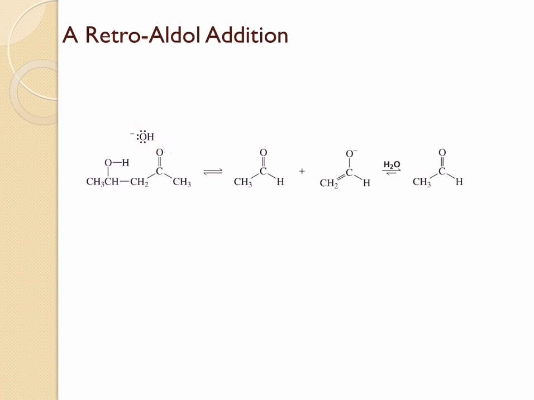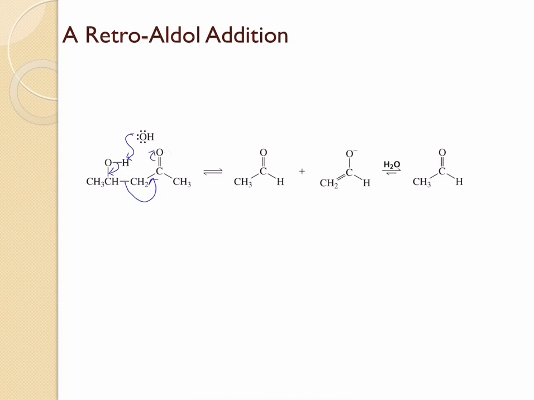Say for example, this hydroxide ion is going to grab this hydrogen from the hydroxy group of the addition product, thrust these electrons to form the carbon-oxygen double bond, and this carbon-carbon single bond that is formed during the reaction will be broken to form the carbon-carbon double bond here to form the enolate ion.